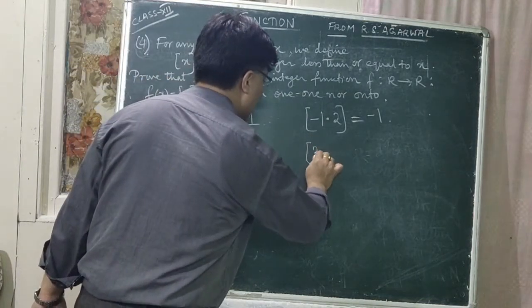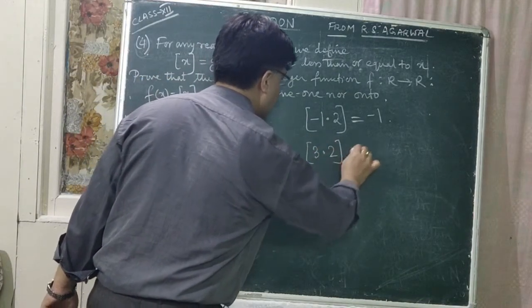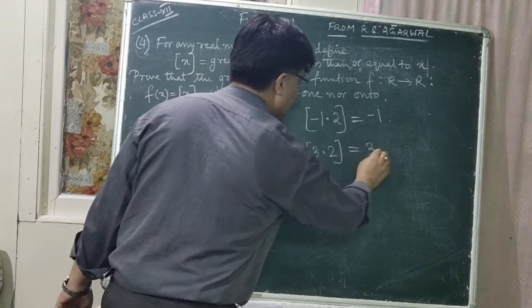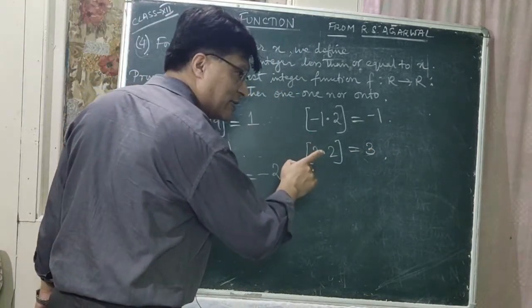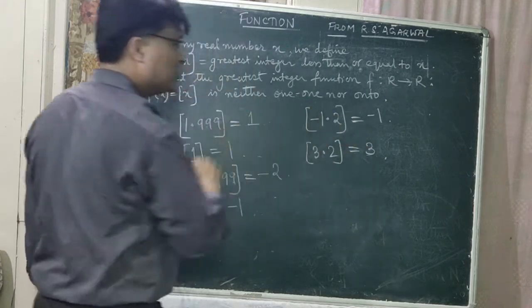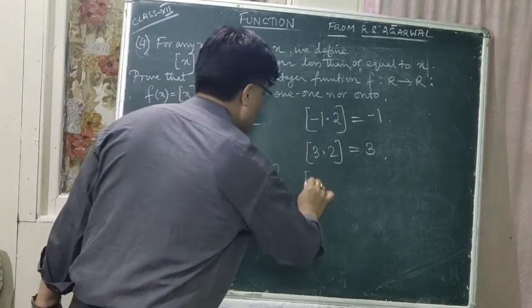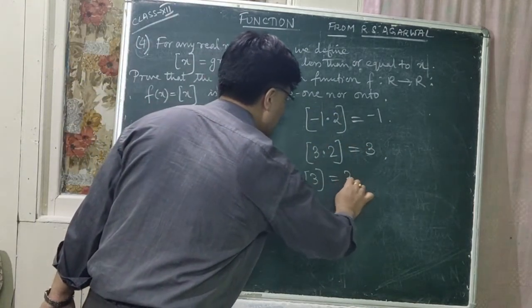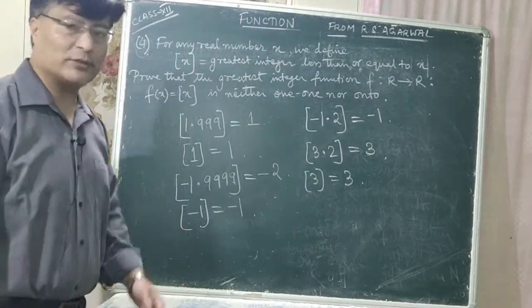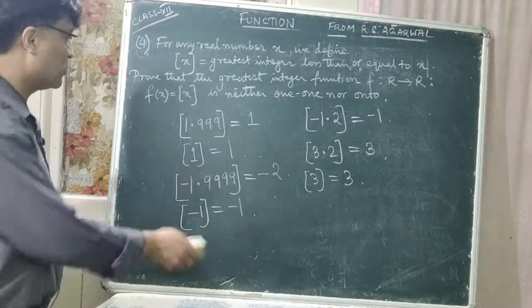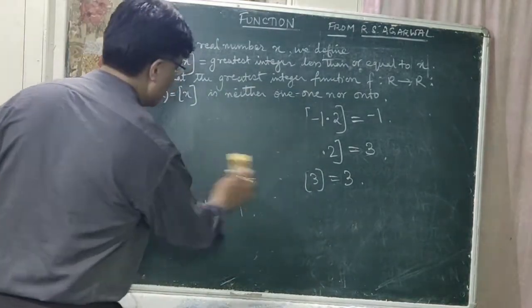So what is meant by 3.2, which is 3, isn't it? So which is the greatest integer less than 3.2? That is your 3. And 3 is also 3. Within third bracket 3 is also 3. So I think you have understood this meaning. Okay. So this is just an example. Now let's do this problem now.